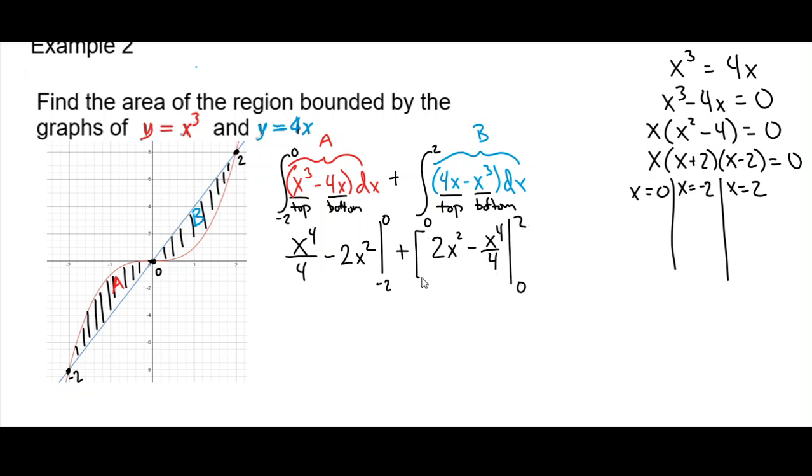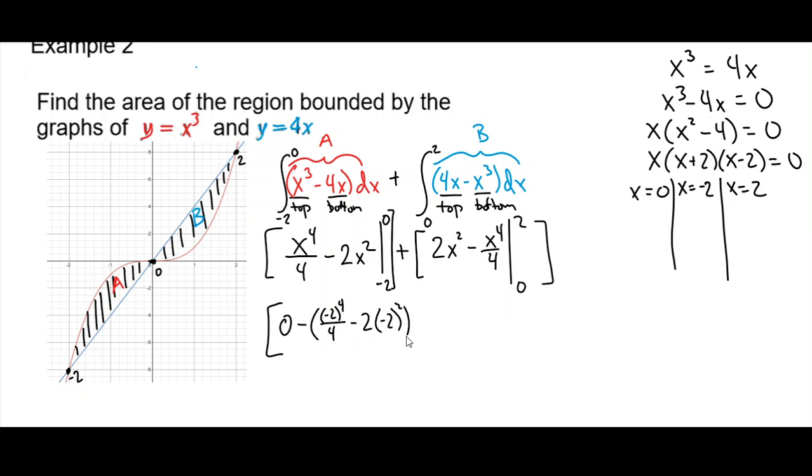I should do a better job and separate these with more symbols of inclusion. There we go. And then we just start plugging in. Over here, when I plug in 0, I get 0 to the 4th over 4 minus 2 times 0 squared, which is just 0. Minus, plug in the -2 this time: -2 to the 4th over 4 minus 2 times -2 squared.